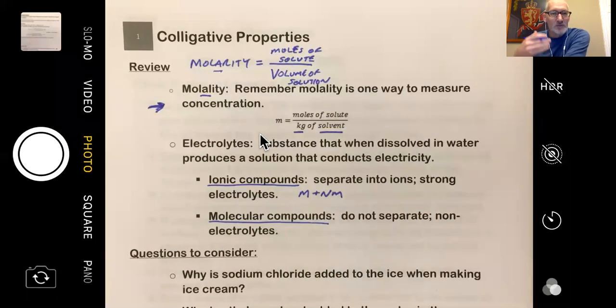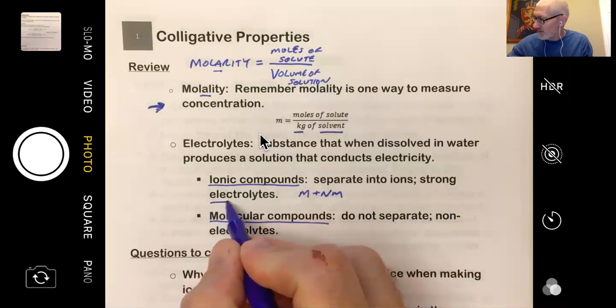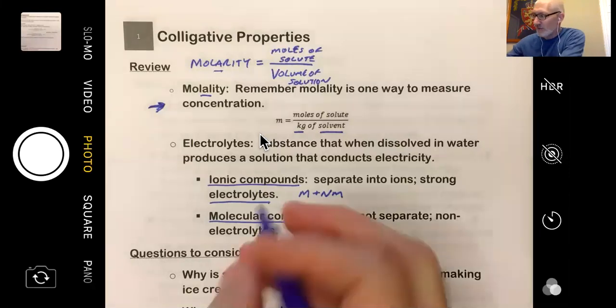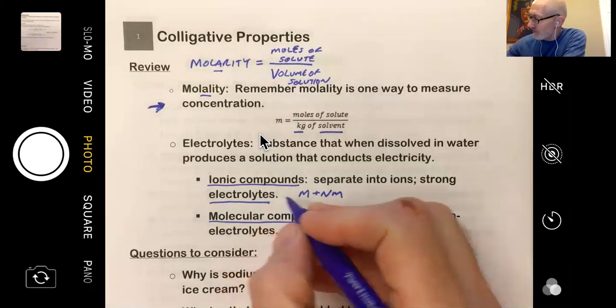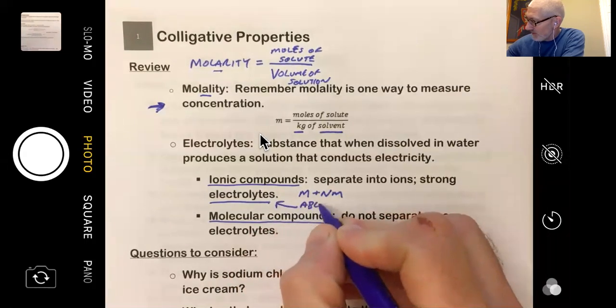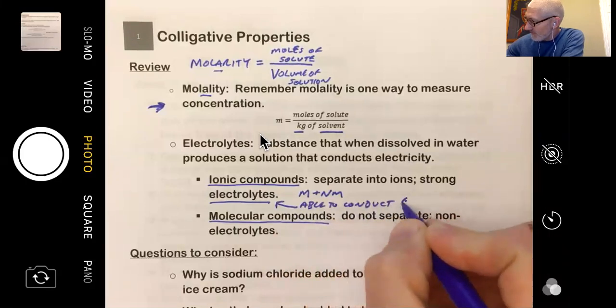And when you dissolve ionic compounds into a polar solvent, they will separate out into ions, and they are called strong electrolytes because the ions are now free to move when they are in solution, so they are able to conduct electricity. That's what electrolyte means: able to conduct electricity.